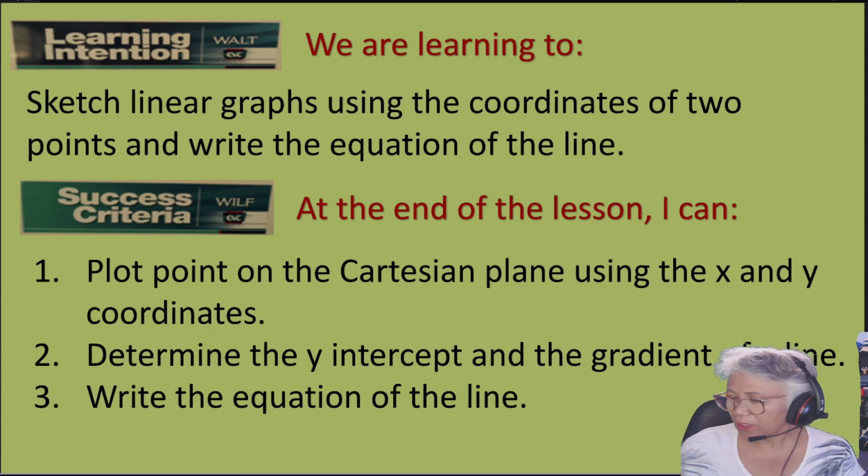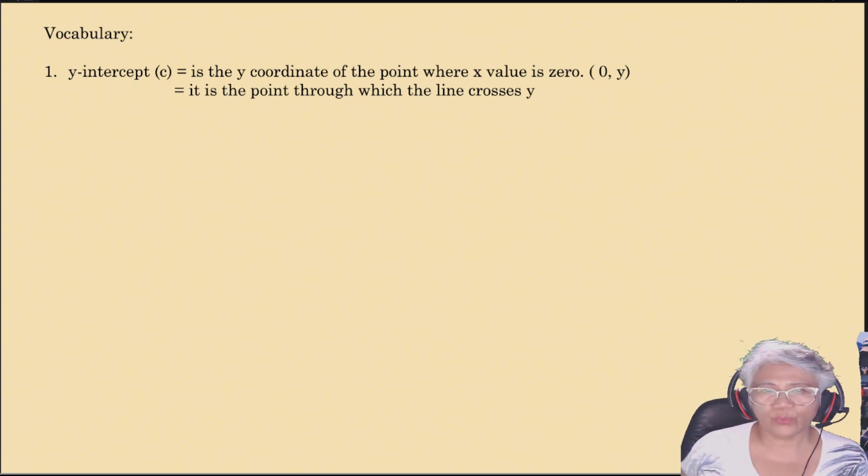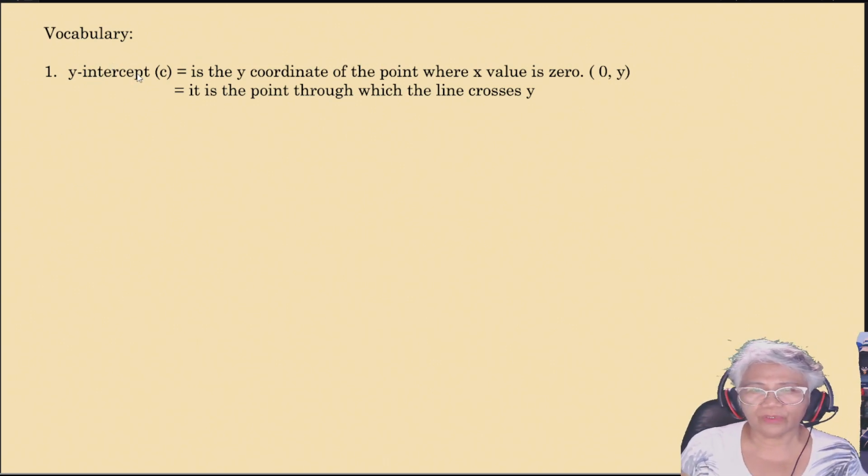Alright, so first of all, we need to consider some keywords or the vocabulary. We need the vocabulary or definition of some words so that we know what they represent. So first of all is the y-intercept.